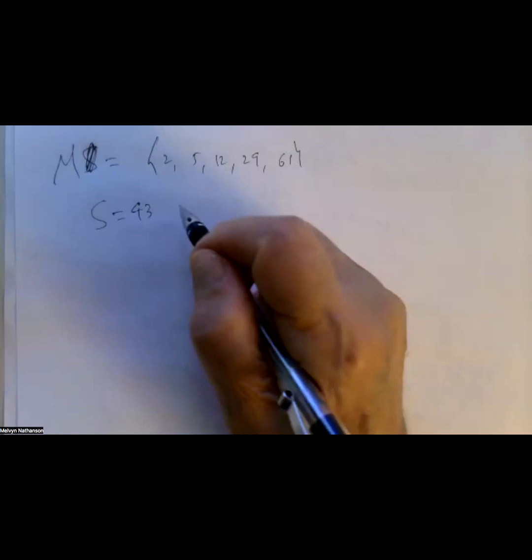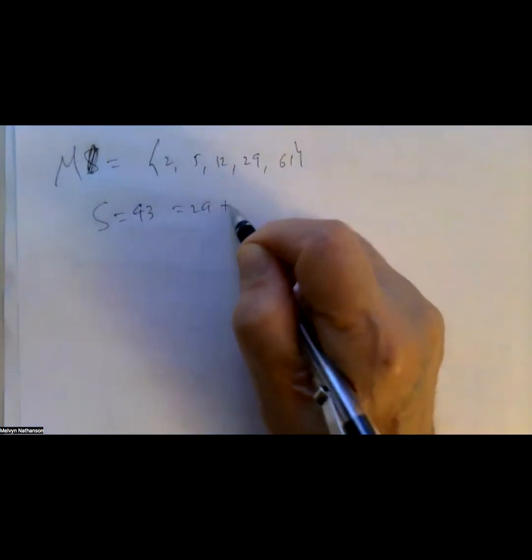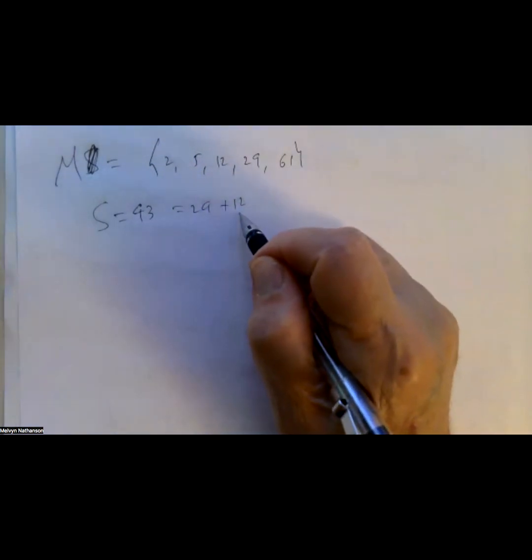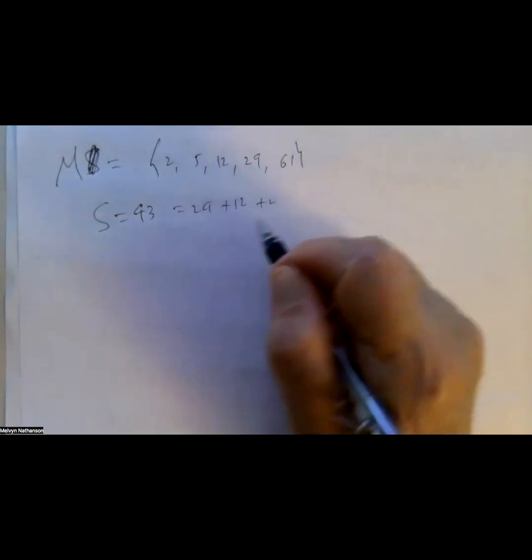Twenty-nine, 12, 5, 2. Let's see. 29 plus 12 is 41 plus 2 is 43. Yeah, exactly. Is there another way to write 43 as a sum of numbers in this set?